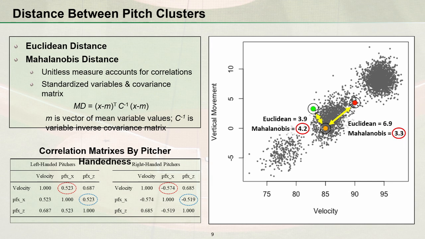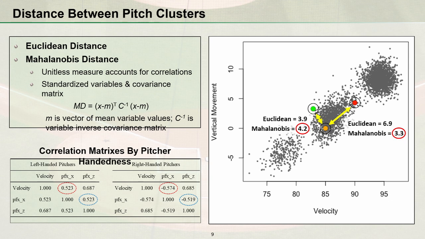But the green pitch would be more difficult for a batter to pick up. It has almost the same speed as the orange pitch, but rises about 3 inches more. And the Mahalanobis distance accounts for this natural correlation between these variables, and it therefore provides a more representative measure of the difference or distance between pitches.